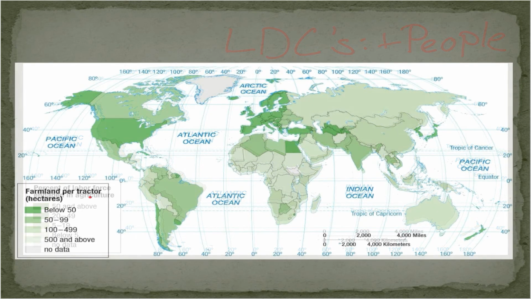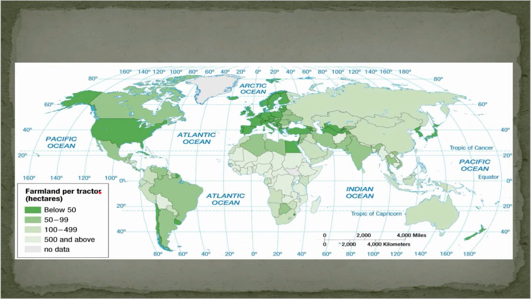So in this choropleth map, we see farmland per tractor, and we can see that in the more developed countries, so think of the developed world, Western Europe, the United States, some of the Americas actually. So we'll list MDCs, and then we'll also be taking a look at less developed countries. We can see that the shade is not as large for some of these least or less developed countries.